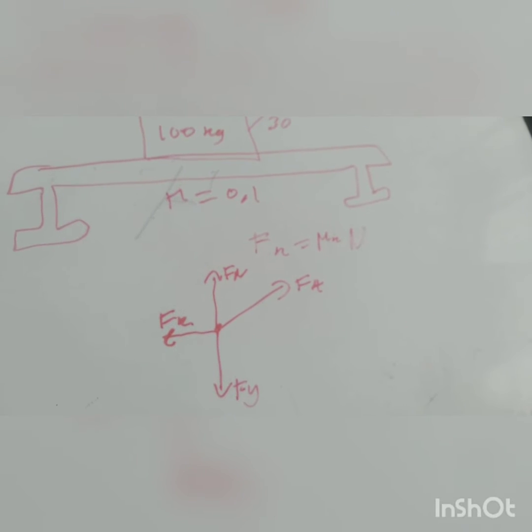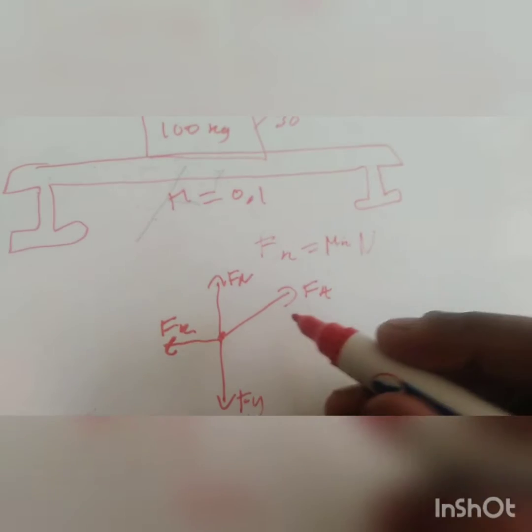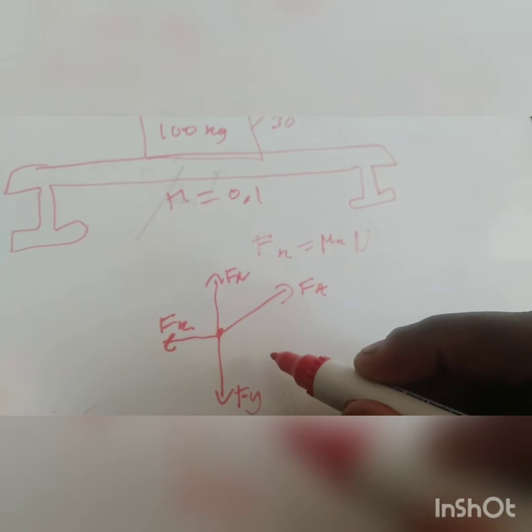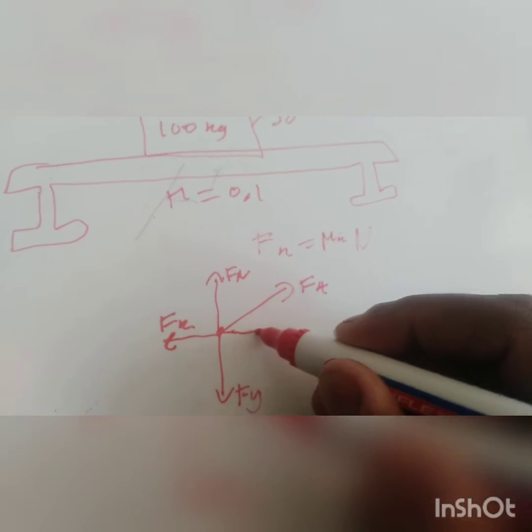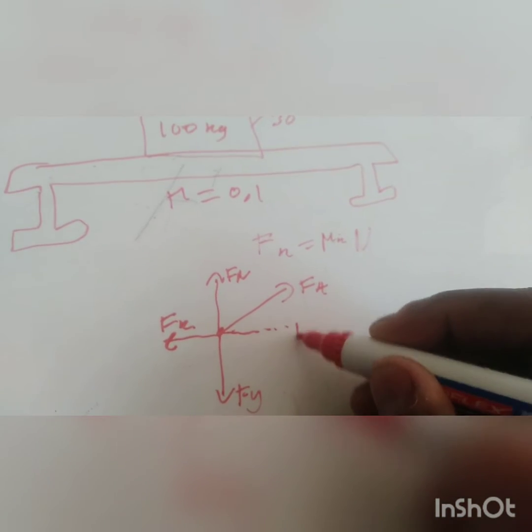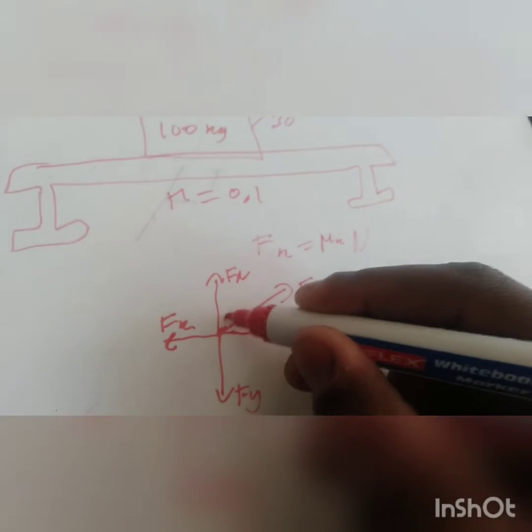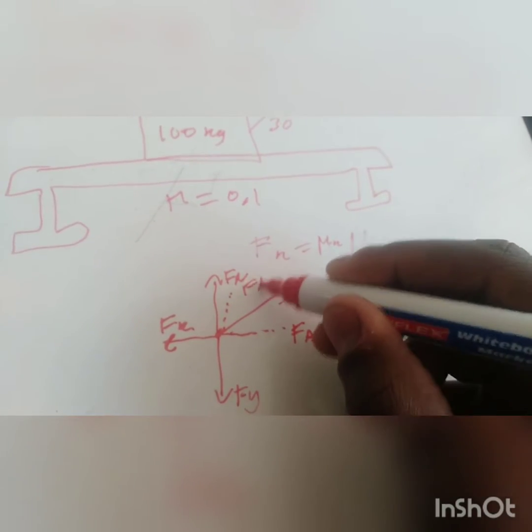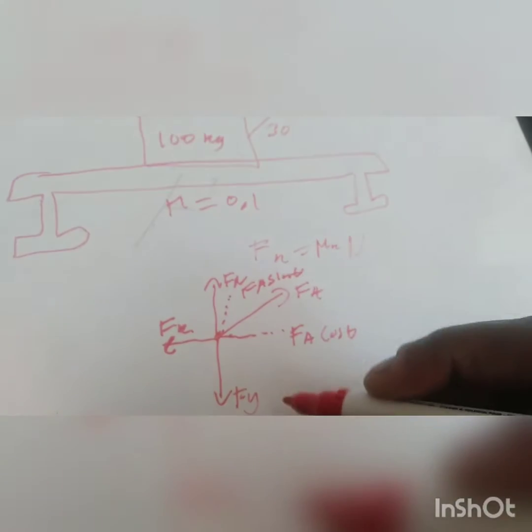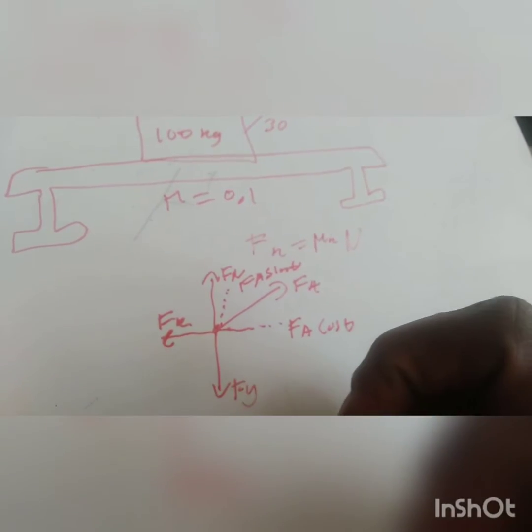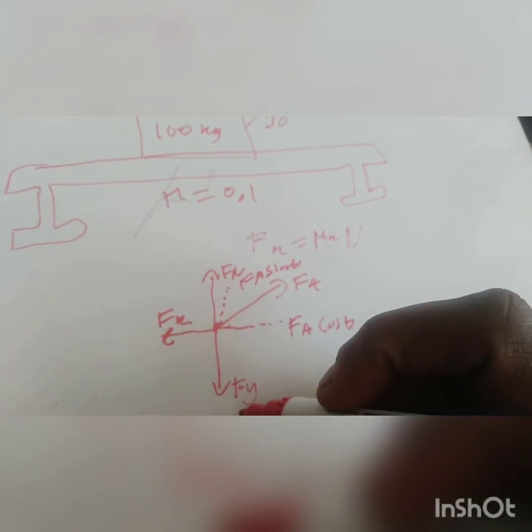Here's the problem. Whenever a force is not horizontal or vertical, we have to resolve it into its components. So here we've got Fa cos theta, and there we've got Fa sine theta. These are the horizontal and vertical components.